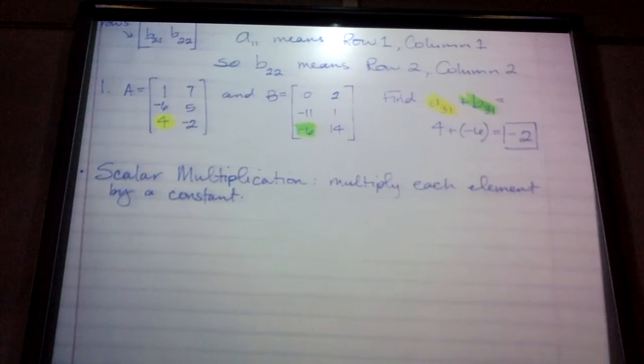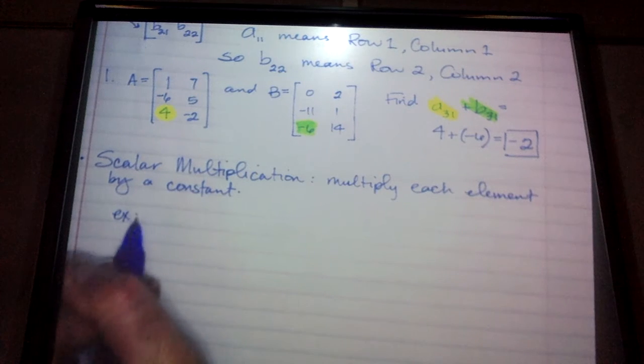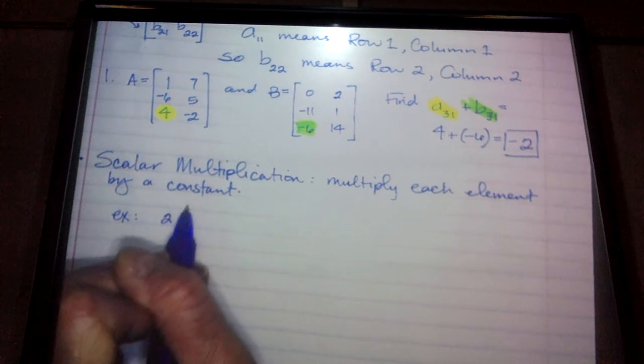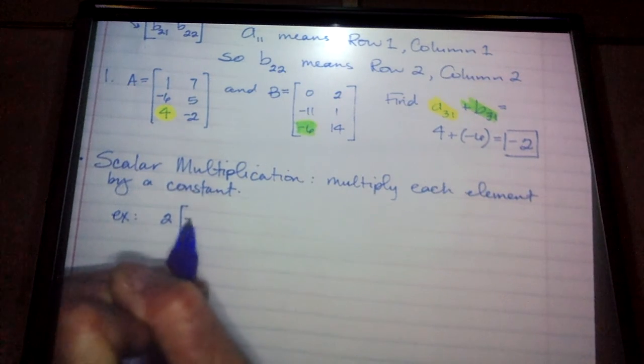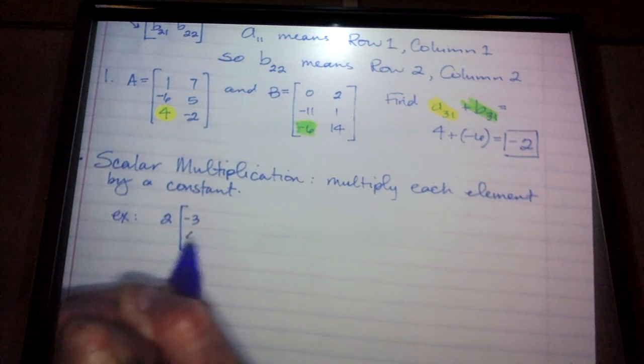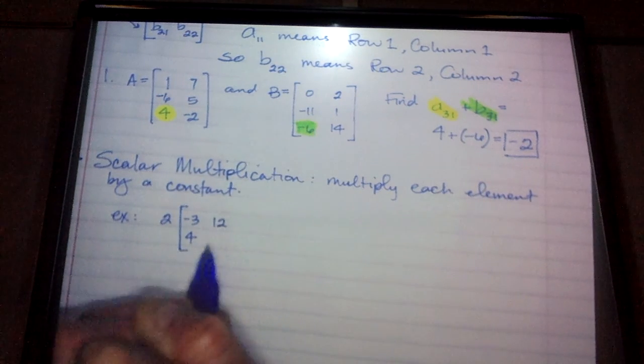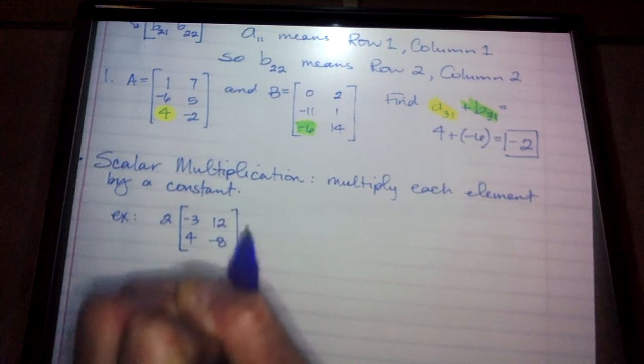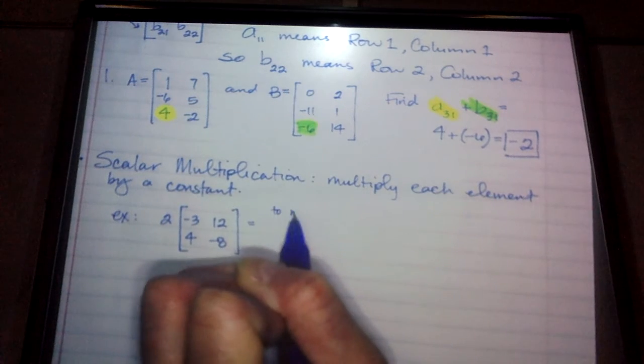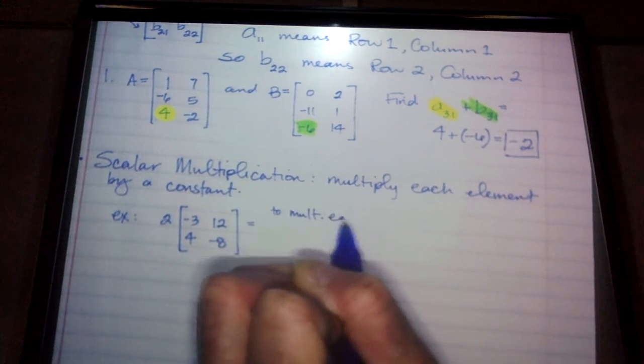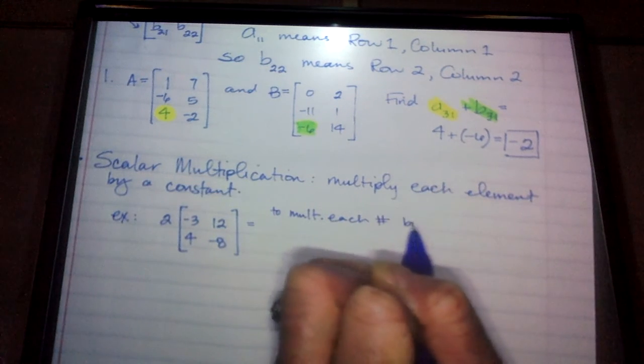So, for example, if I said I'd like you to do 2 times the matrix -3, 4, 12, -8, this means to multiply each number by 2.